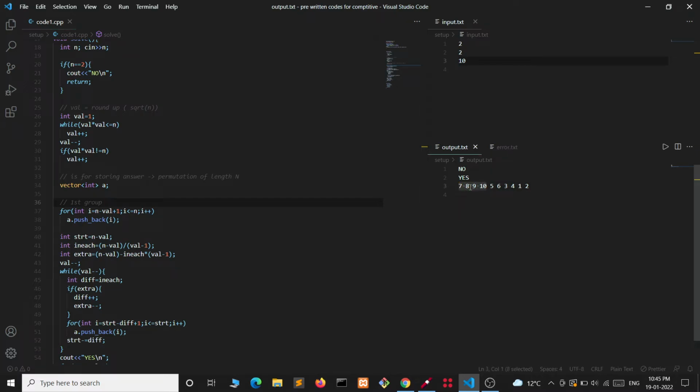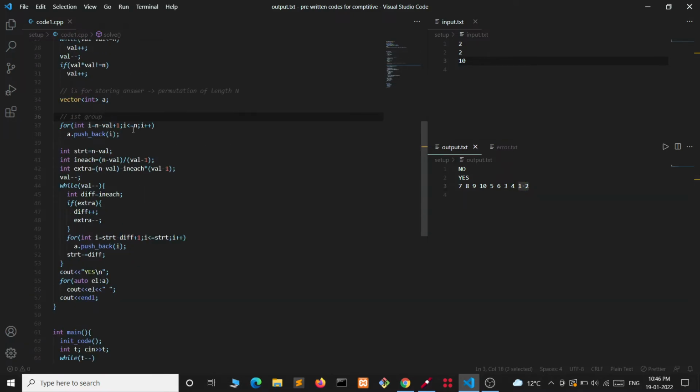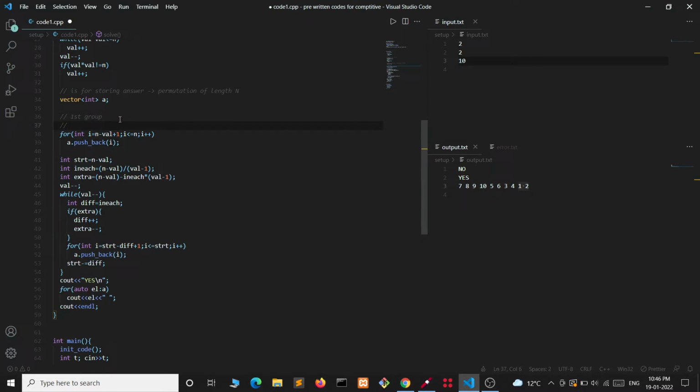Firstly we are taking 7, 8, 9 and 10. After that we are doing 5, 6, 4, 3, 2, 1. So after forming the first group, this is n minus well plus 1. Like if n is 10, then we are doing 10 minus 4 plus 1. So we are starting from 7 to 10. These values I have taken.